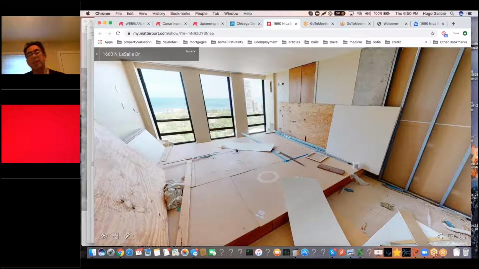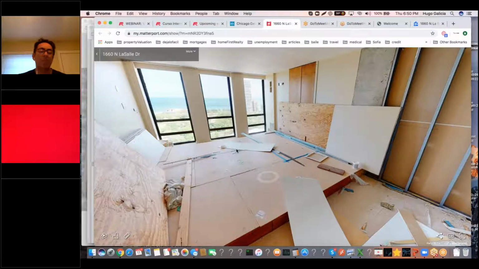Not only that, you always need to look at HOA or association fees. Why? Because typically they vary. They could, for the most part, go up. And not only that, but guess what?